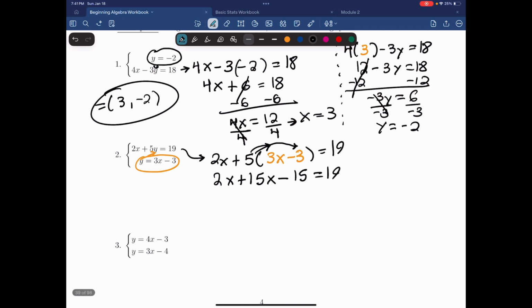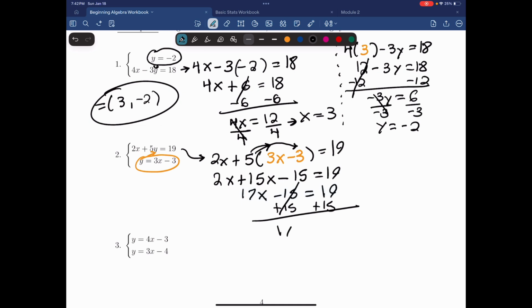And now I can combine the 2x and 15x, and that is 17x. And then I'm going to carry along that -15, and we're going to set that equal to 19. Now let's solve for x. So I'm going to add 15 on both sides.